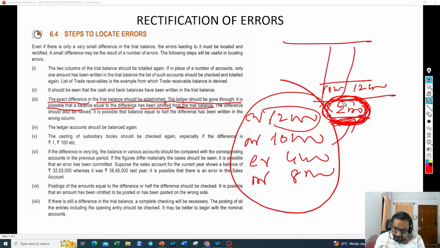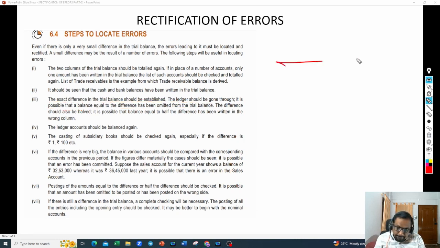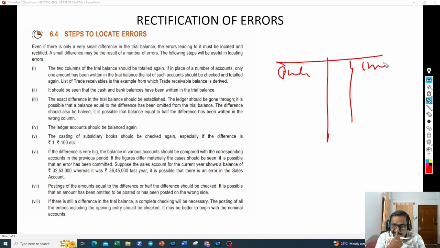For example, purchases. 1,000 I posted on the credit side. Actually, this should have been on the debit side. So let us say now I rectified with 1,000. This and this got rectified, nullified, balance is 0. But that is not the case, right? I have to have one more 1,000 here.